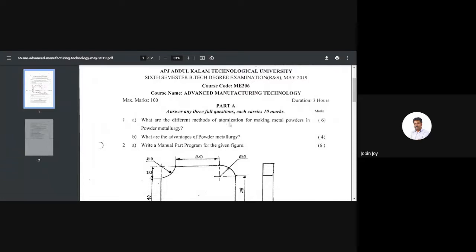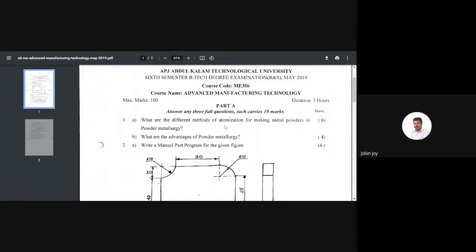The first method is the gas atomization. You have to draw the figure, then explain. The second is the water atomization. Draw the figure and explain it. Then the third is the centrifugal atomization, rotating disk method and rotating electrode process method. And the fourth one is the liquid gas atomization.